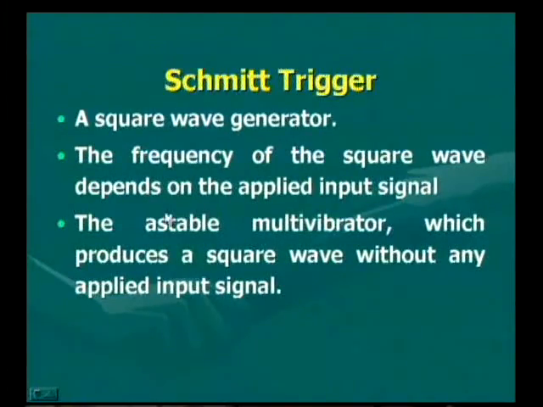The astable multivibrator is also a square wave generator, but in the astable multivibrator the square wave is produced without applying any input signal, whereas in the case of the Schmitt trigger we need an input signal which is a sinusoidal wave, and two different amplitude levels will decide the Schmitt trigger output to change.